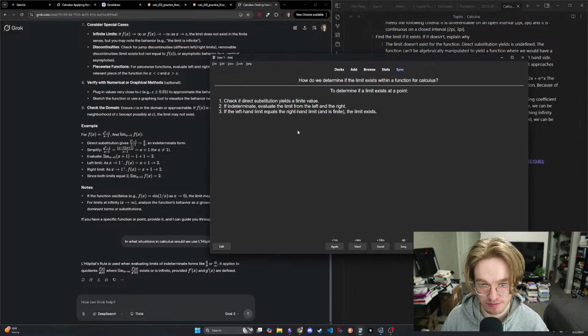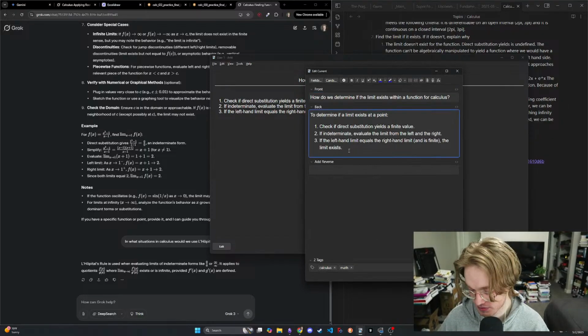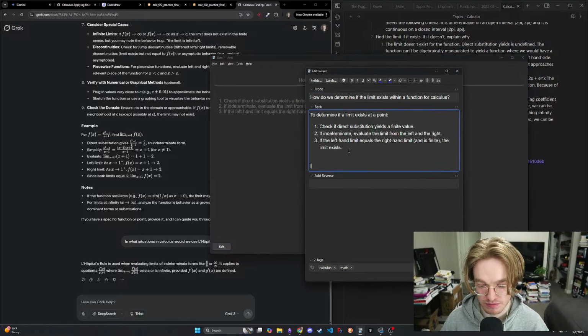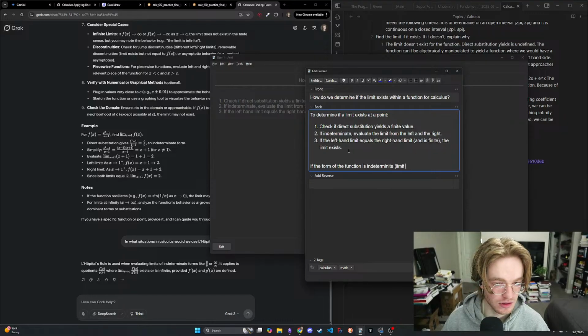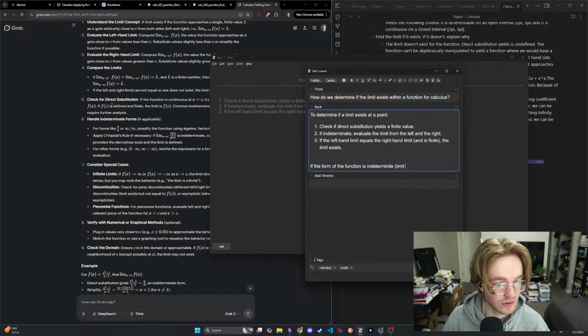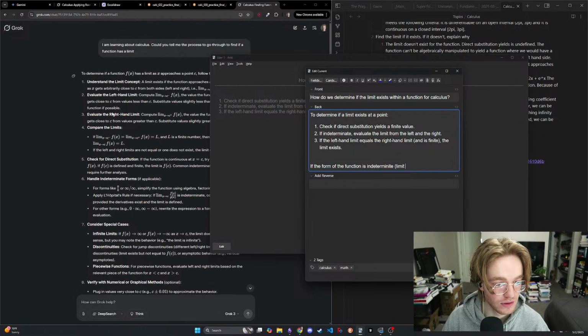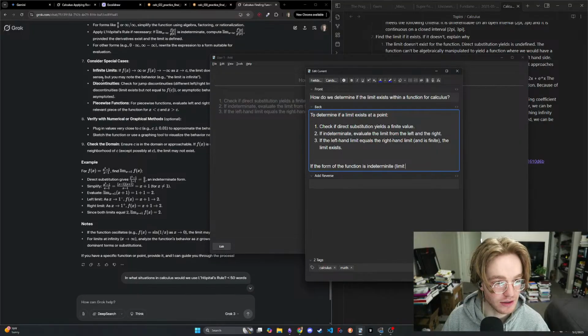Okay, I also want to add to this, if the form of the function is indeterminate, you can also evaluate, you can factor.